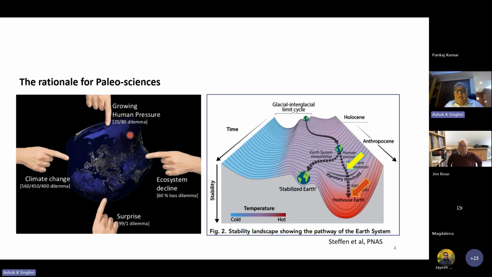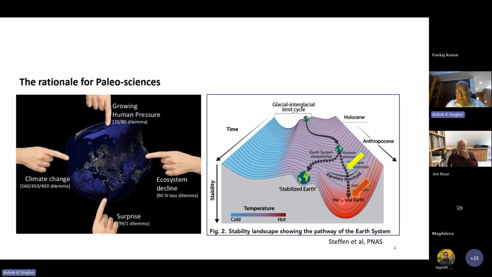Now, why is our work important? You know that globally there's an enormous pressure on the ecosystem, the human pressure, ecosystem decline, climate surprises, and climate change. And there is a debate on whether we will remain in the glacial-interglacial cycle domain, which we have been in, or we may go to an altogether new state.